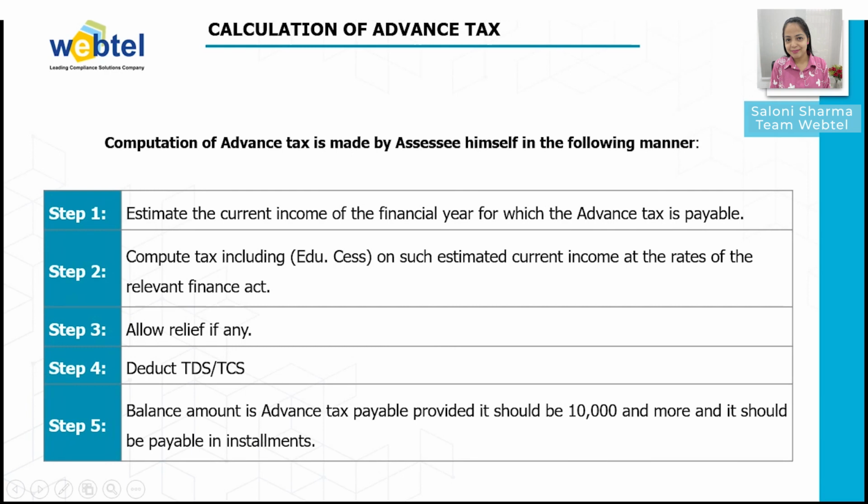Then if any relief is allowed, you need to calculate it at step 3. After that, deduct the TDS or TCS deducted within the financial year. And at the end, if any balance amount is there and it is more than 10,000 rupees, then you need to pay the balance amount as an installment of your advance taxes.